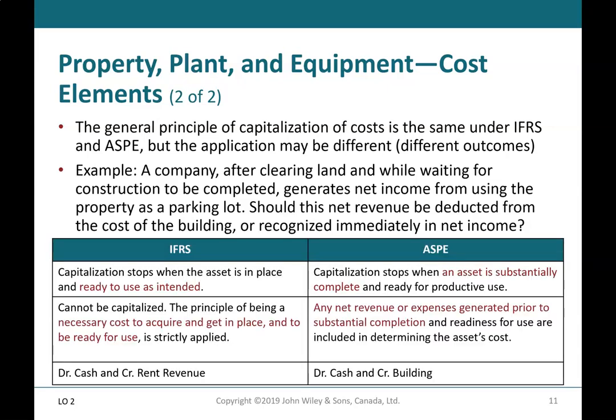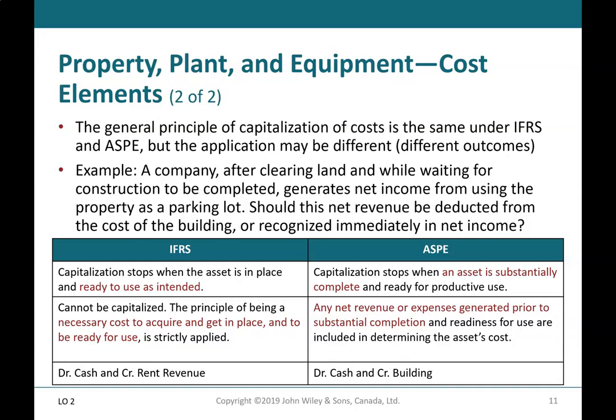IFRS: capitalization stops when the asset is in place and ready to use as intended. With ASPE, capitalization stops when an asset is substantially complete and ready for productive use. Under IFRS, this cannot be capitalized. The principle of being a necessary cost to acquire the asset, get it in place, and ready it for use is strictly applied.